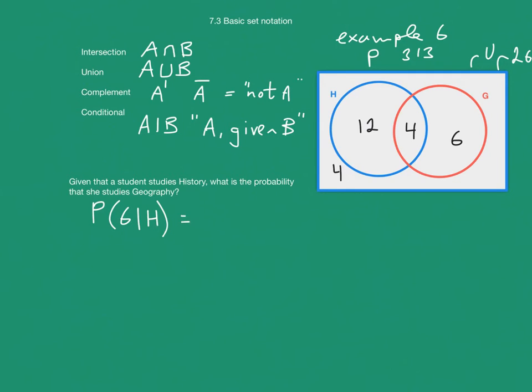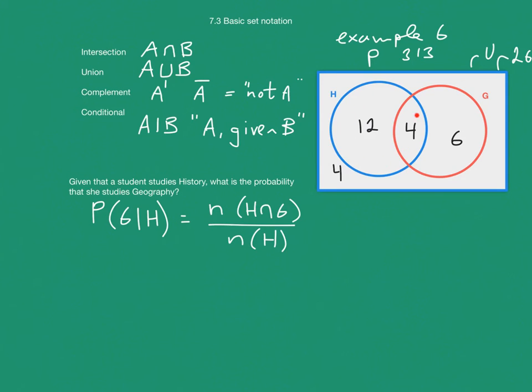Now, this is equal to the number of students in the intersection of H and G divided by the number of students in the set history. Now, the reason for this is, okay, we're looking at history students. So given that a student studies history, we look at all the history students. What is the probability that she studies geography? Those who study geography are these 4.